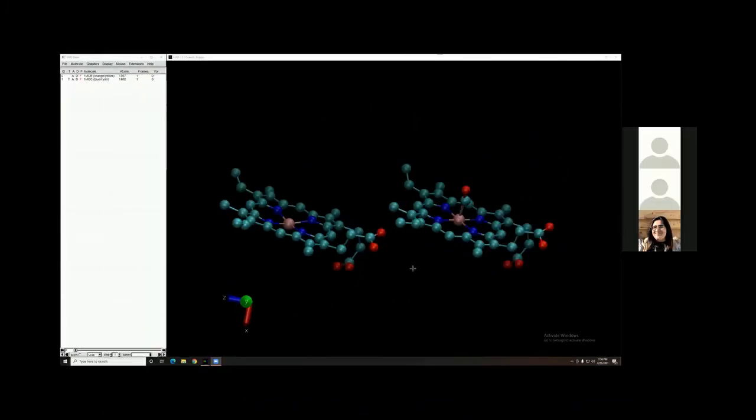Next I will be showing you the difference between the heme in 1 MOB and 1 MOC. The one on the left shows the heme in 1 MOB, where the iron in the center is shown in pink, which has 4 nitrogens bound to it. To the right, you see the heme in 1 MOC, where the iron has a carbon monoxide molecule shown here.